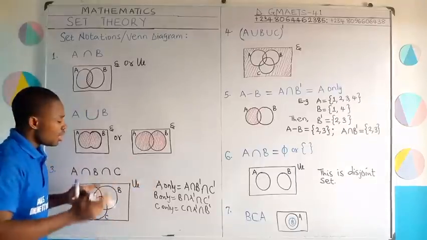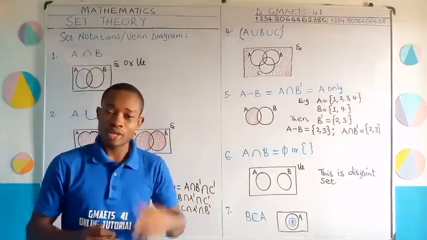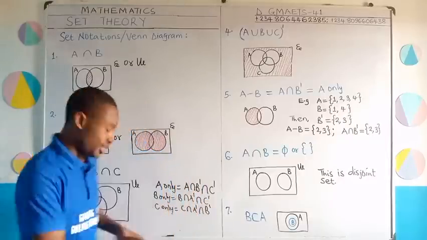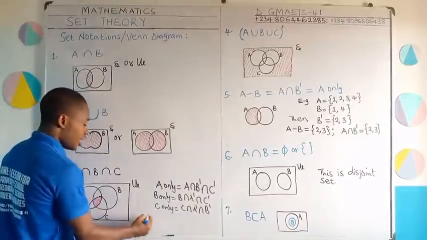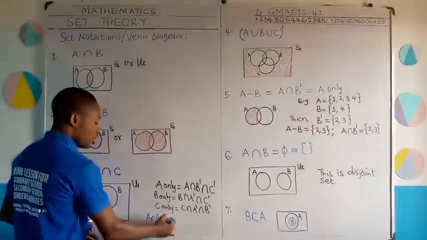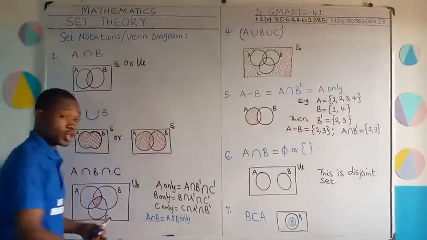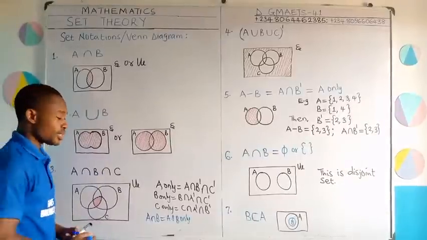Is that okay? What about elements that belong to A intersection B in this case? Let us see that. A intersection B is the elements belonging to A and B only. In that case, of course, it means that C has nothing to do with this element.